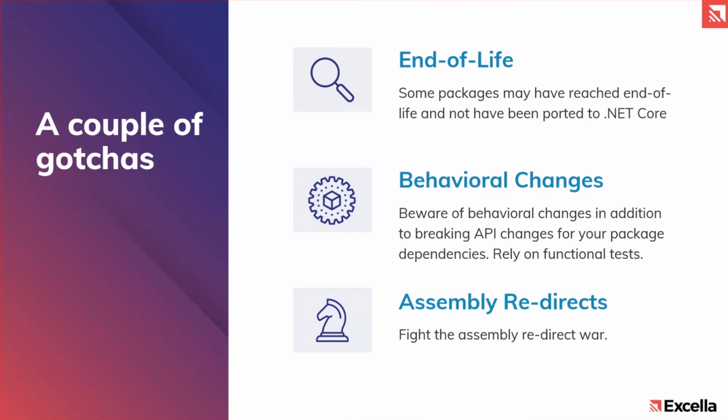The second thing I want to highlight here is that if you are really far behind in your versions, like we were, you may not only run into API changes that you will catch with a compiler, but it's very likely that you run into behavioral changes too. So for example, we had Automapper 3.0 when we started, and the latest is Automapper 10, right? And that's a large jump right there.